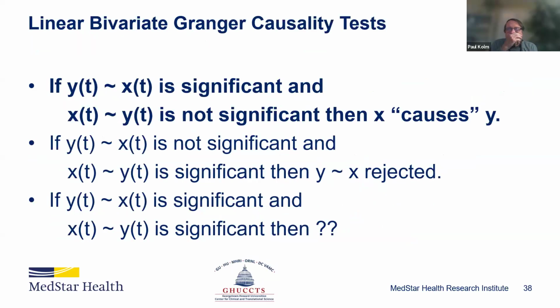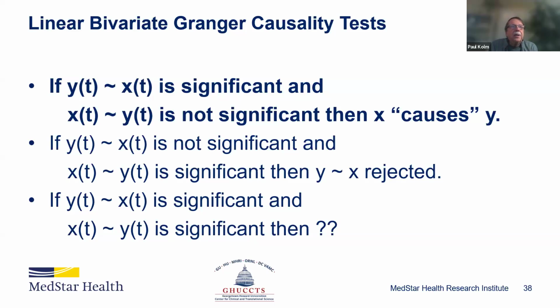And so in terms of the causality test, if the Y sub t model as a function of x sub t is significant, and the x sub t as modeled as a function of the y sub t, that is the outcome that we're really interested in, is not significant, then we can say that x causes, or Granger causes, y.